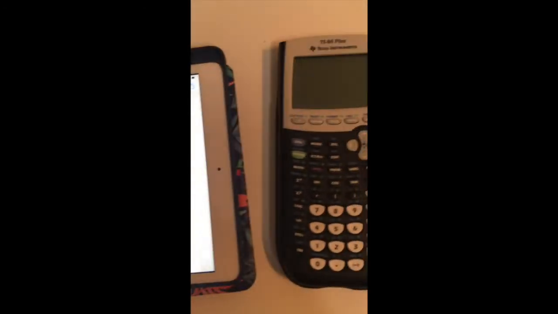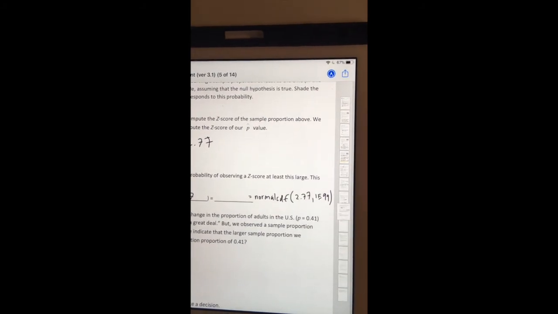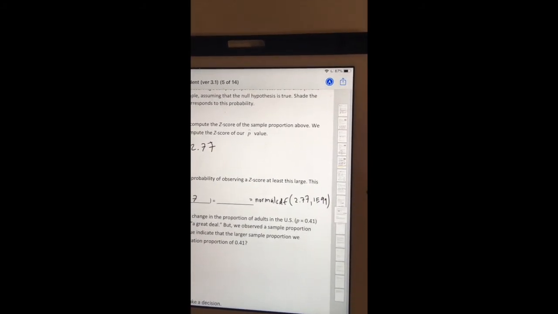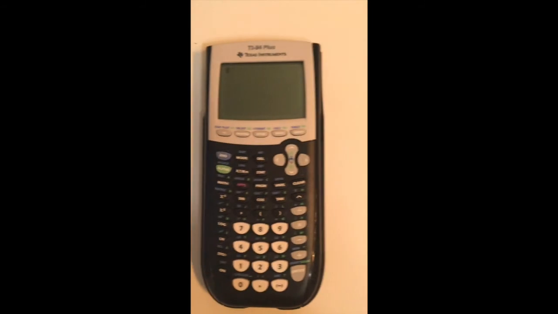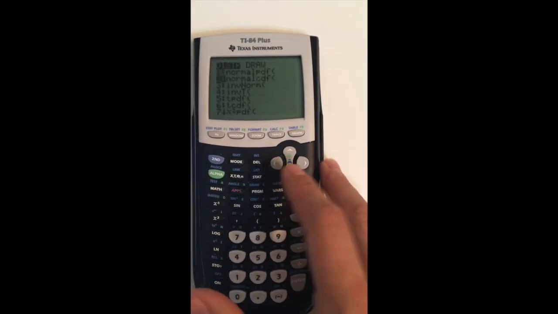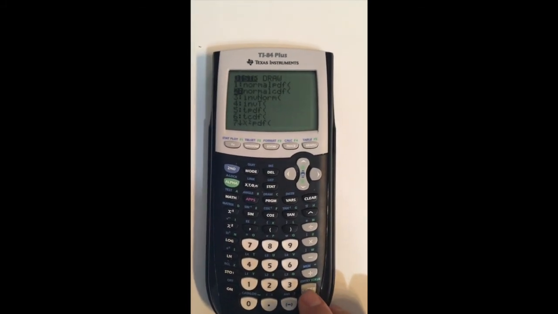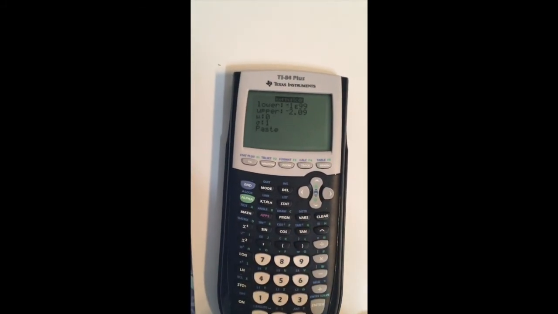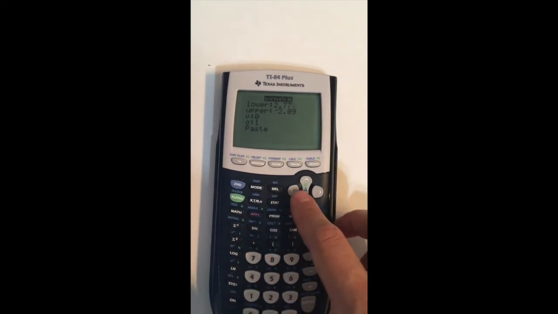Okay, so let's go over to the calculator. We know we want to do normal CDF, and the lower limit is 2.77. The upper limit is 1e99. So coming over to here, we're going to do second distribution. And for me, the second one down is normal CDF. So I hit enter. I'm going to put 2.77 on that one.